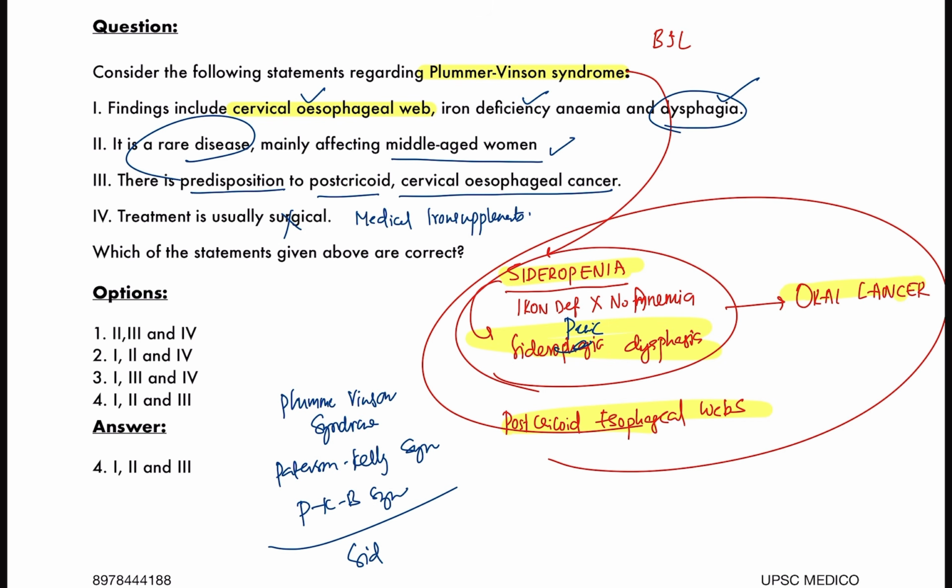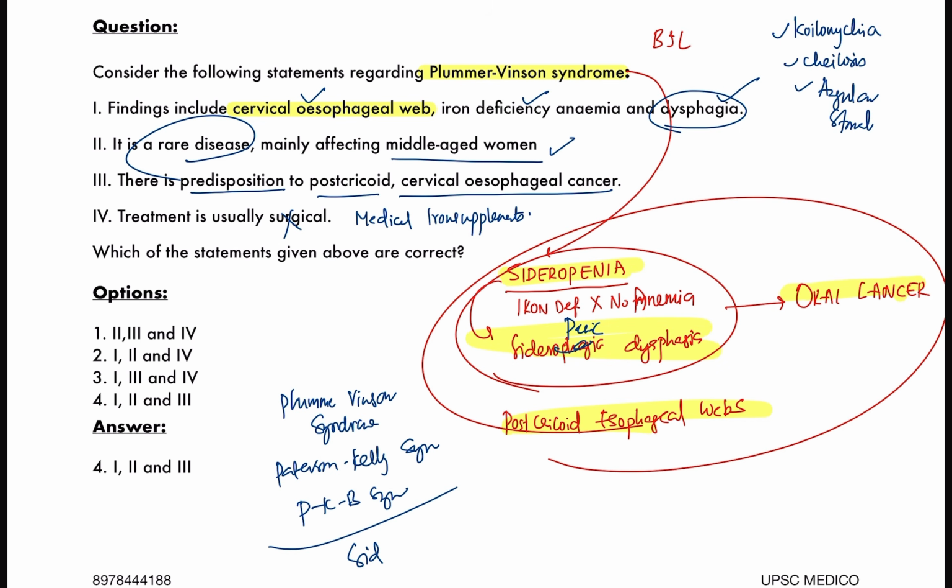The other features which can be seen in these cases are koilonychia, cheilosis, and, apart from these, angular stomatitis as well.